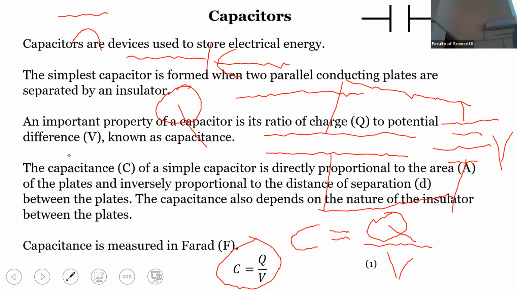And when you reduce the potential difference across the plates, the charge Q that will be stored will reduce. So for different capacitors, we have different C's, which is the ratio of the charge they can store to the potential difference across their plates. For a capacitor that stores a charge of 1 coulomb when it is set across 1 volt, such a capacitor can be said to have a capacitance of 1 farad.